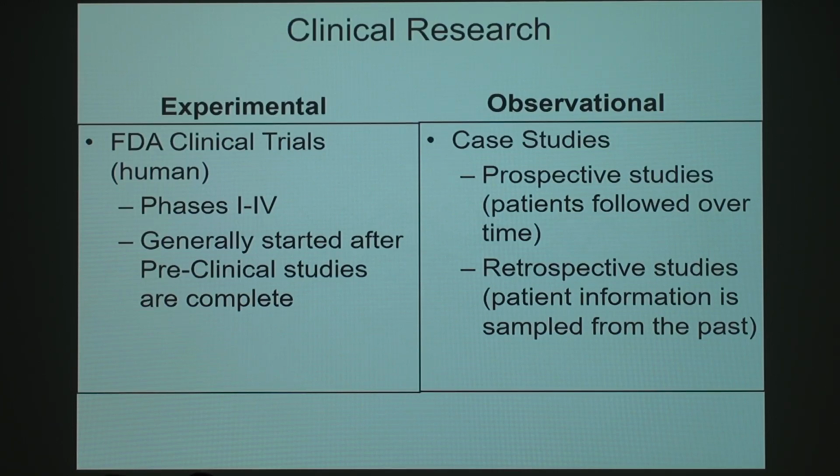Also, you're looking at parameters of, is the drug toxic to organs in the body for those primates or whatever animal models you're using. If all of that data is good, then the drug application will be submitted for the FDA and the drug will be entered into phase 1 of clinical trials.